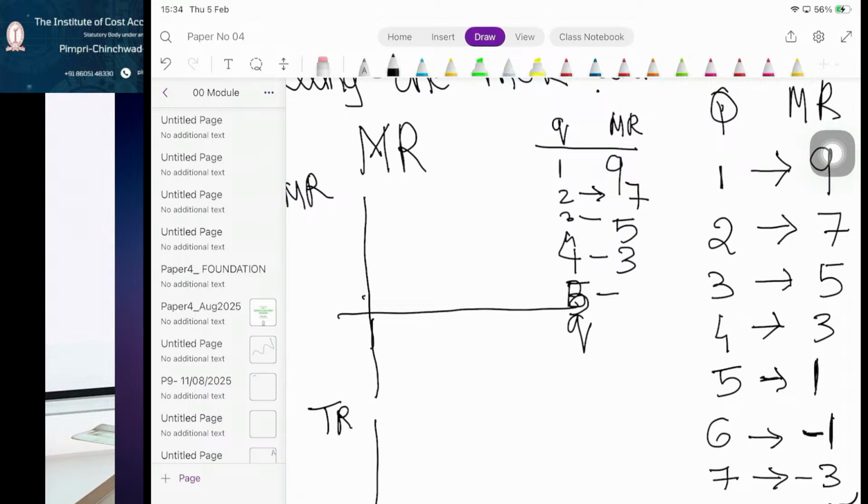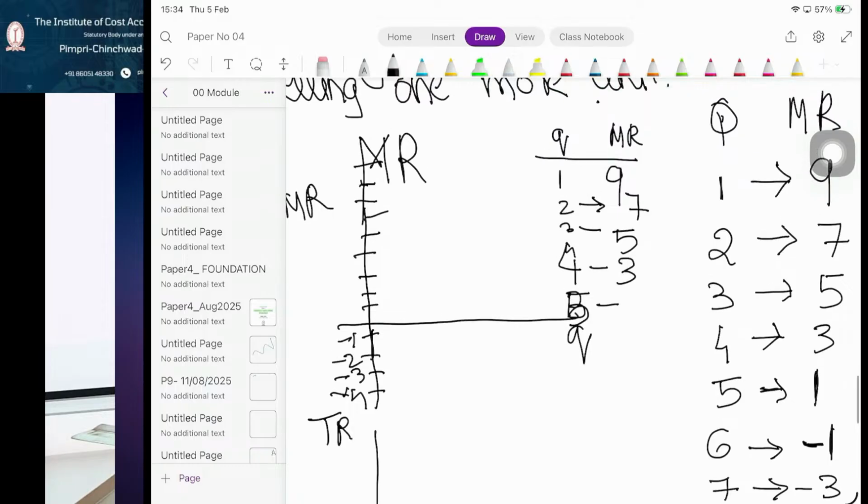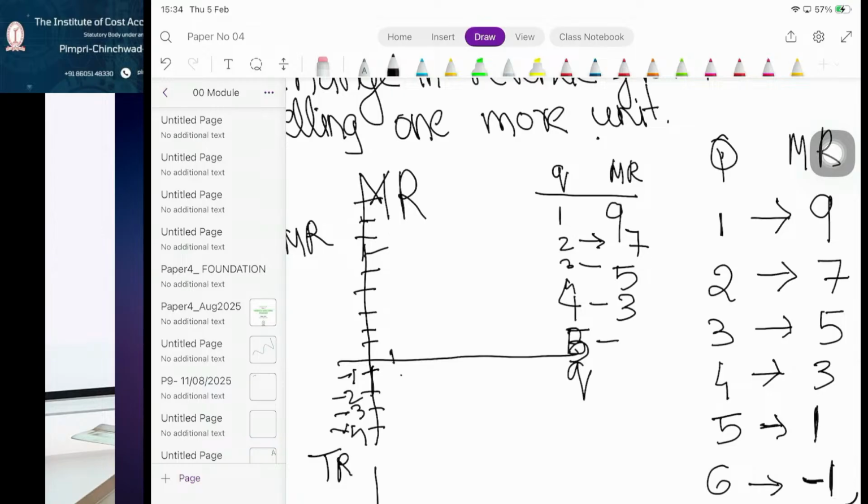Mark it 1, 2, 3, 4, 5, 6, all the way 7, 8, 9, and also remember minus 1, minus 2, minus 3, minus 4, like that you will get. Done? Did you get?